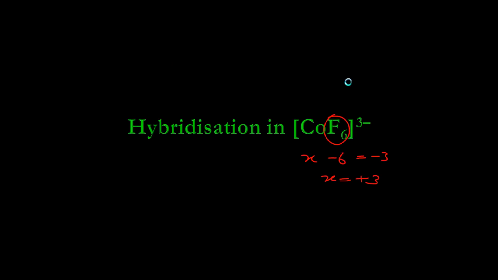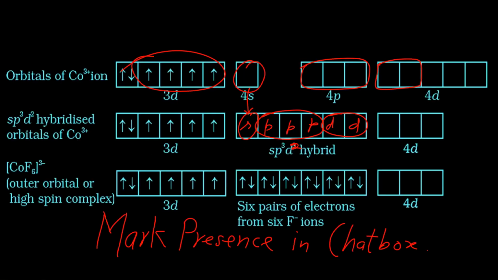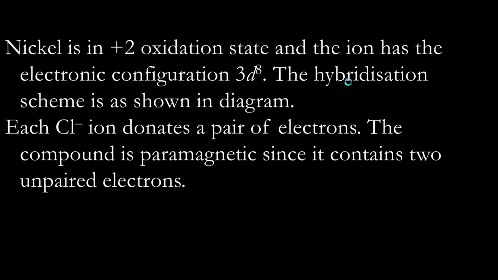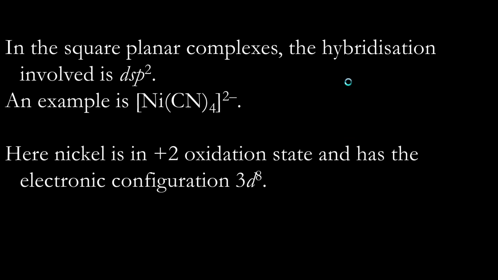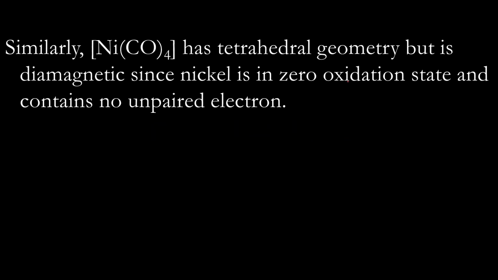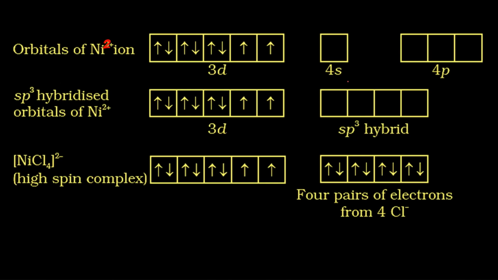Now come back, we will write the electronic configuration of Ni2+. Then because we have chlorine, pairing will not take place. So it means the 4 empty orbitals we will need beyond it. Why 4? Because we have Cl4 only, so there are only 4 ligands.